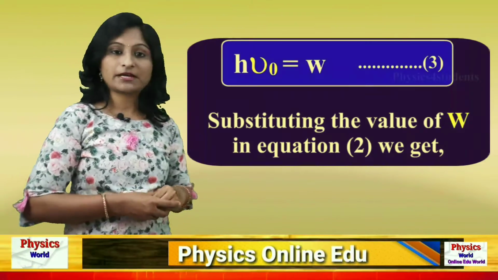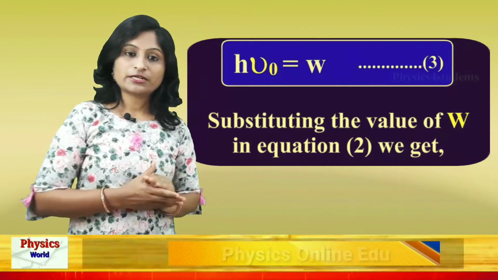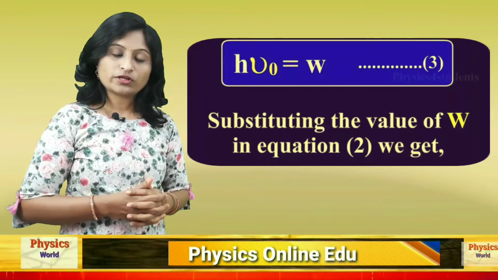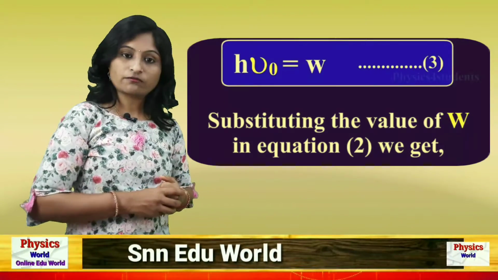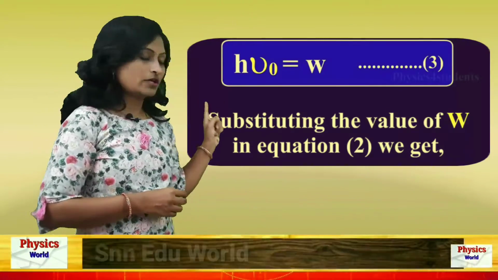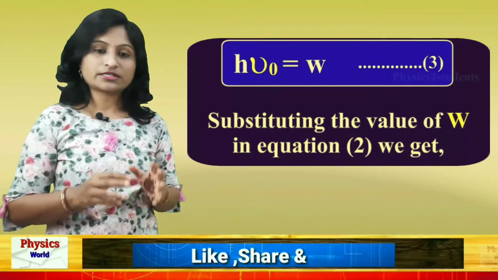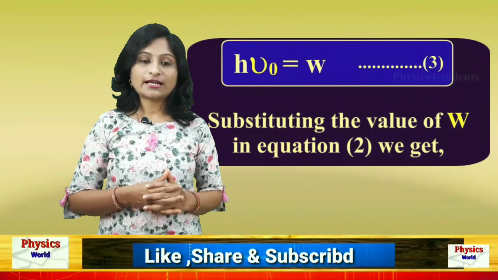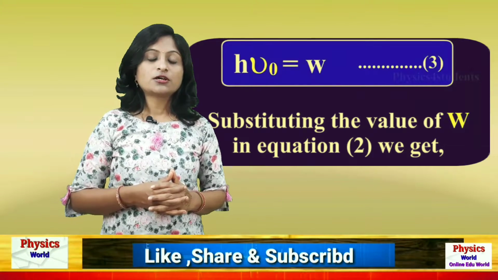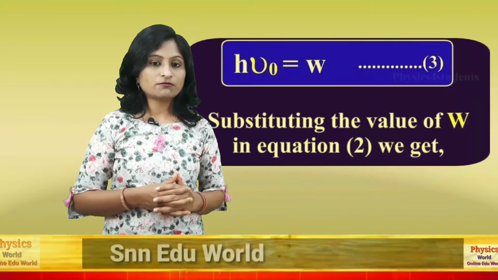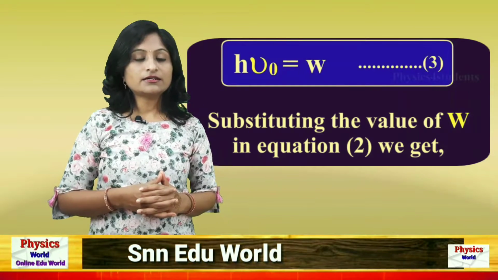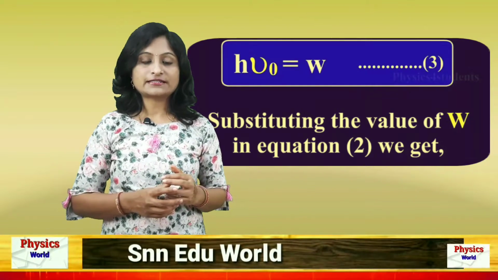Again using Planck's concept, energy is h into frequency. So the work function W equals h nu naught. This is the value of the work function; we can calculate the work function using this concept. Substituting this in equation number 1, we get the second format of Einstein's equation.